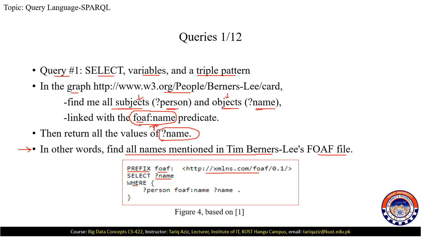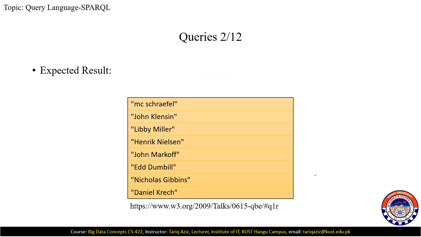Then in the WHERE clause, you have to write the triple pattern. This is our triple pattern: this is our subject, question mark person; this is our predicate; and this is our object. So this is the query, and this is the syntax of the query in SPARQL. Now, dear students, what will be the expected result of this query?